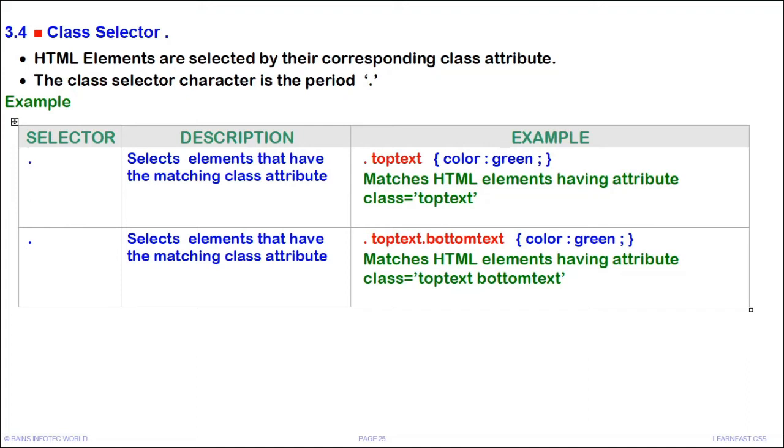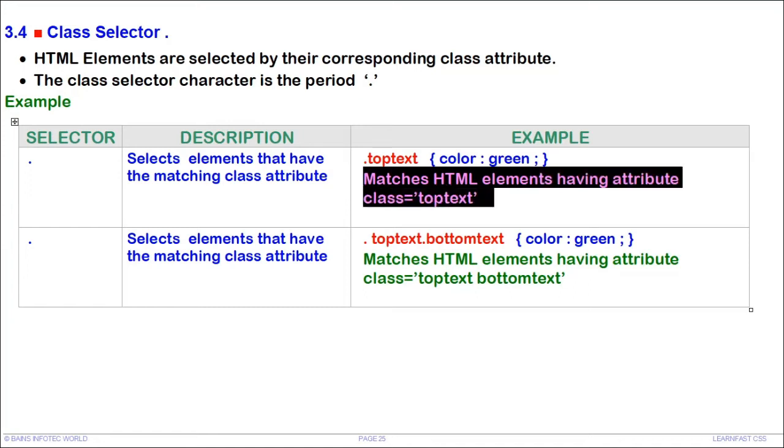Selects elements that have the matching class attribute. So period top text, the class selected here is called top text, and then we change it into the color green. So this one matches any HTML elements having the attribute class top text.